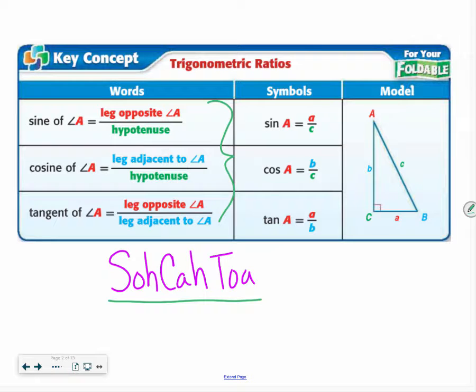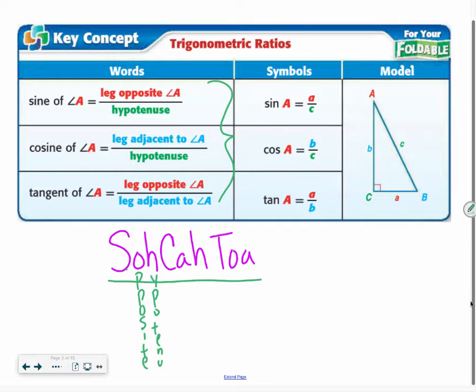Okay? Sine is the opposite over the hypotenuse. Cosine is the adjacent, which means right next to, over the hypotenuse.